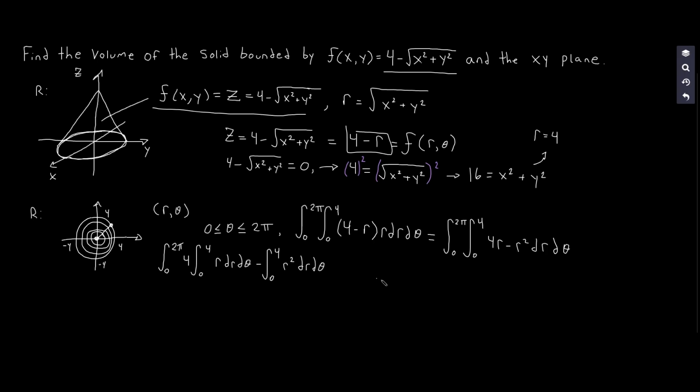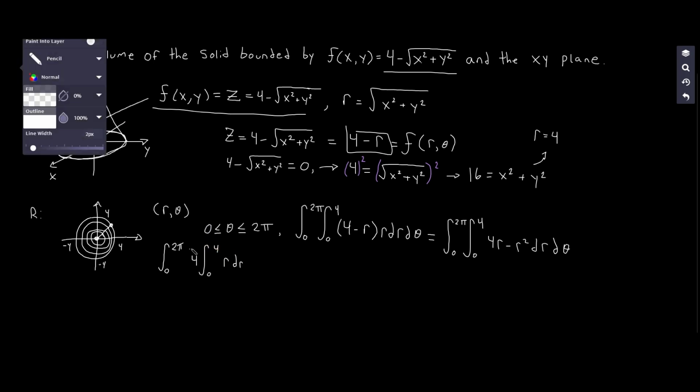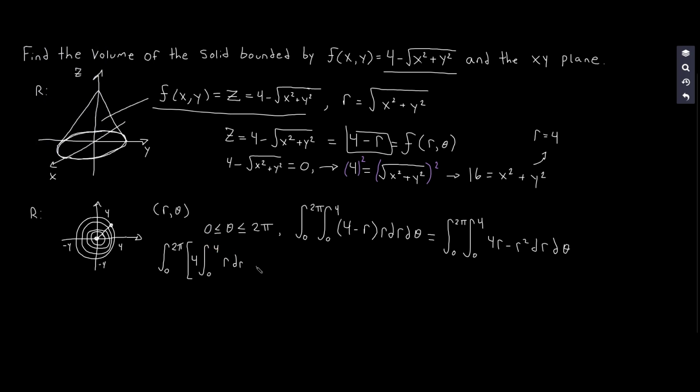Oh wait, just kidding. Why did I put the dr d theta? Realistically, this should be going in some parentheses. You know what? Because it just does. So minus the integral from 0 to 4 of r squared dr, and then on the outside of this, d theta.